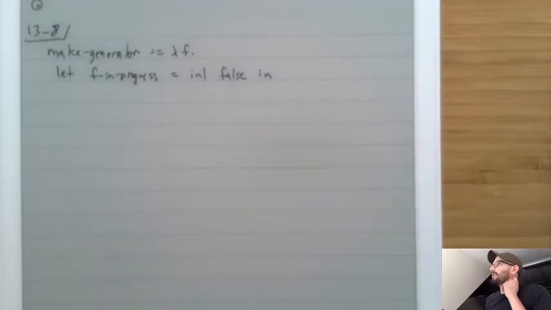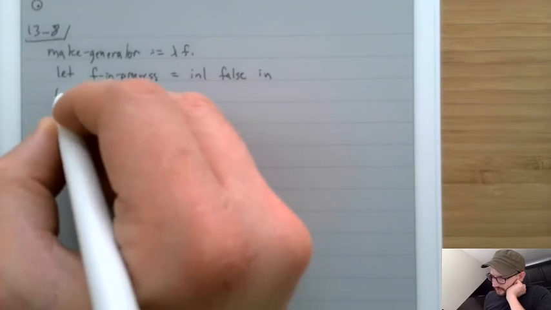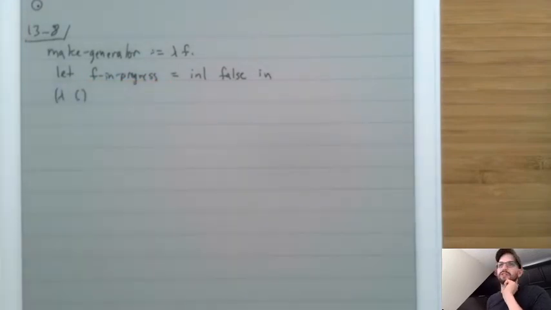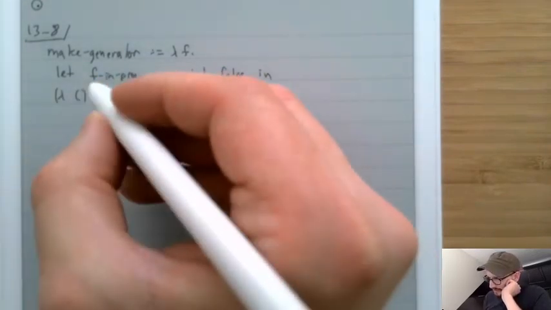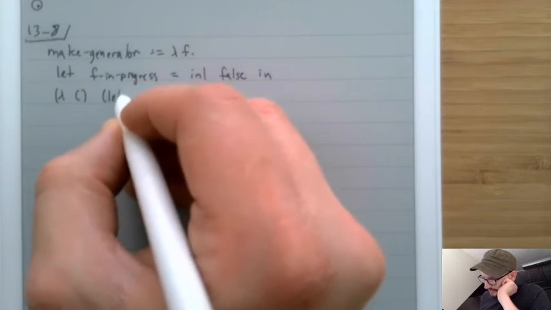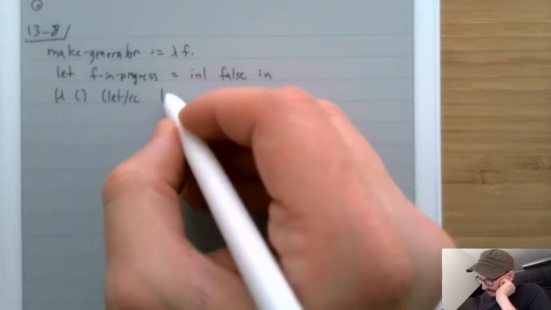Then we're going to return a function. This is the function that will actually be called. And then what it's going to do is let cc, and we're going to call this local.